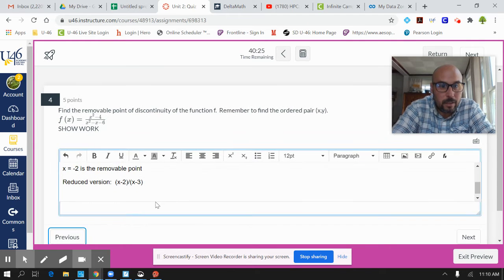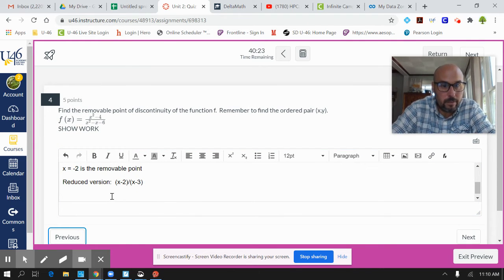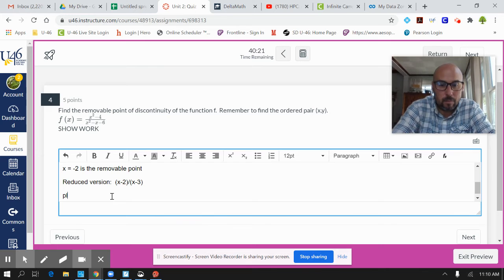And you simply plug in negative 2 into that. So plug in x equals negative 2. So I've got negative 2 minus 2 divided by negative 2 minus 3, which equals negative 4 divided by negative 5, which equals 4/5. So the hole is at negative 2, comma, 4/5.